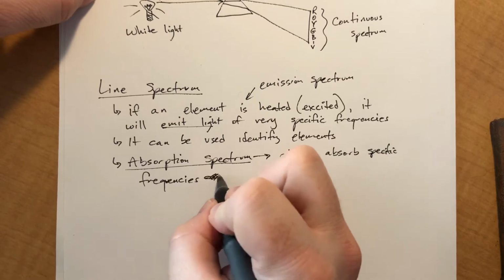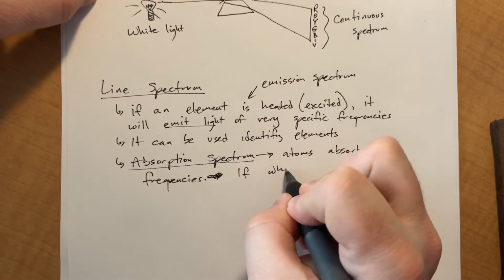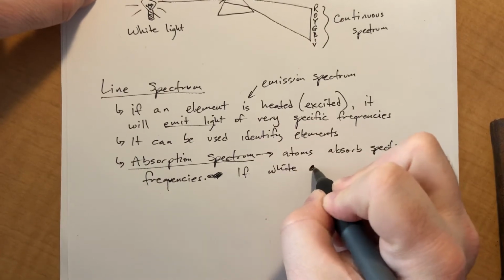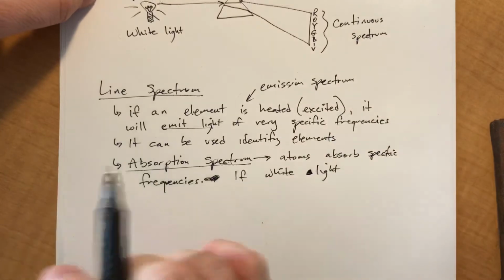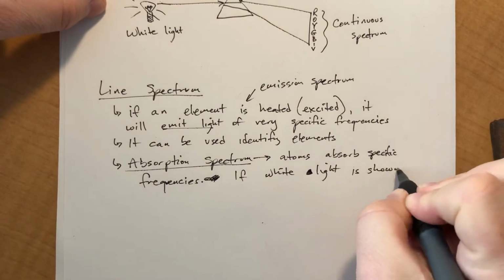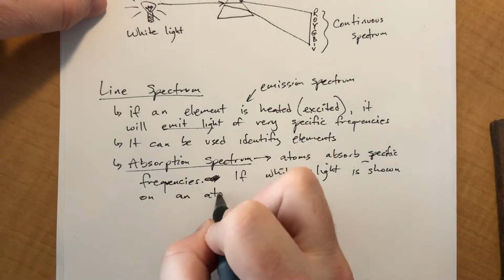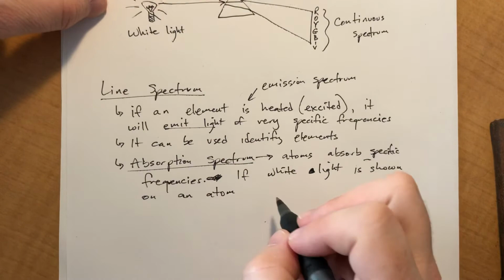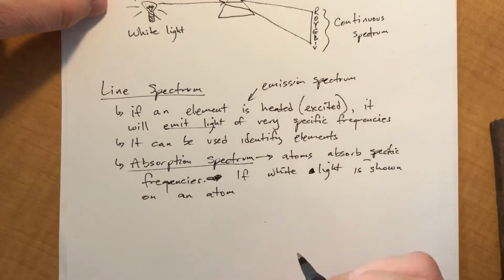If white light, all the colors possible, a continuous spectrum, is shone onto an atom, the line spectrum will appear as black lines in the rainbow.